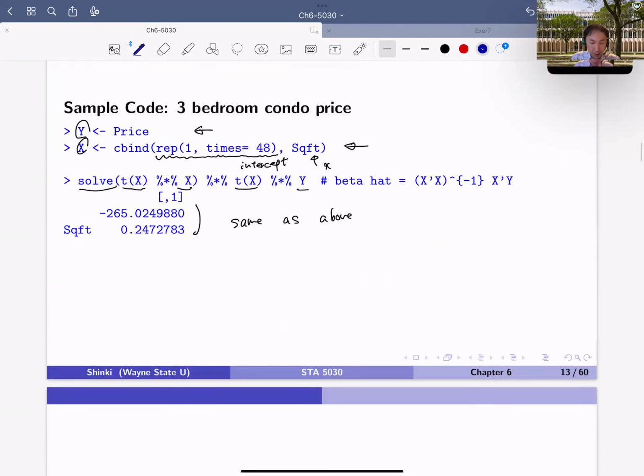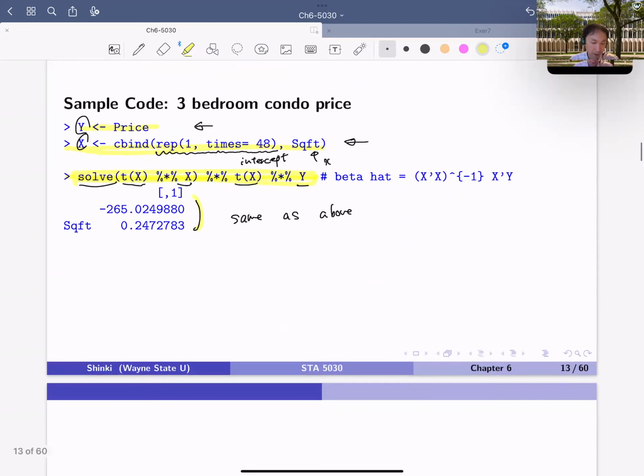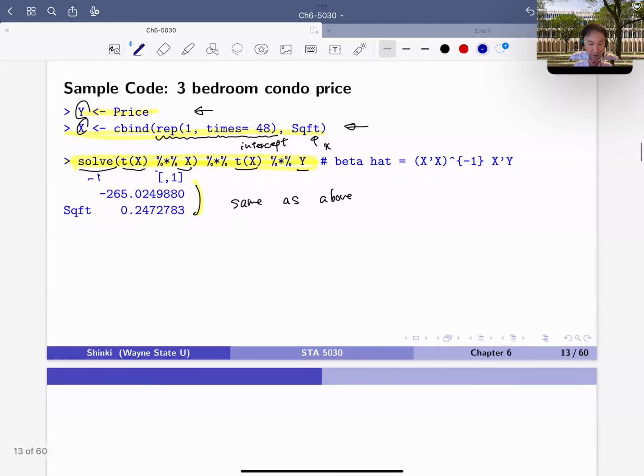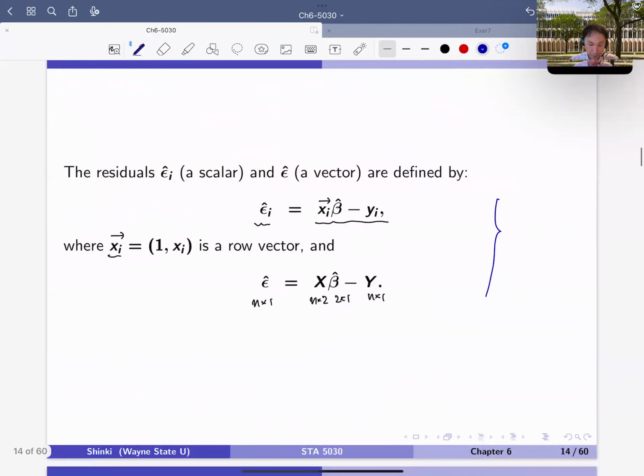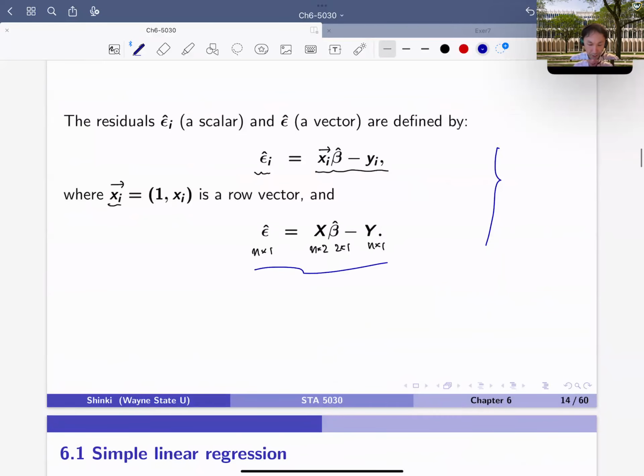So if we just use this formula, we define y and X matrix, and write it this way, then we can get the a hat and b hat, the same answers as above. So remember that solve is the inverse, and t of x is the transpose, X transpose, and this is matrix product. And this is the definition of residuals. Residuals also have a vector form.